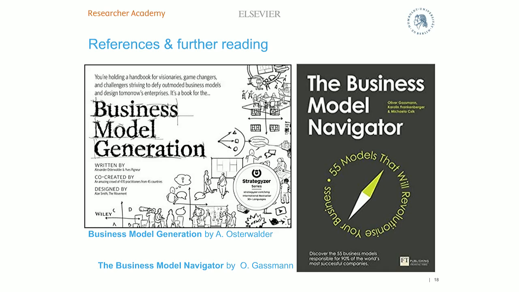A second resource I would recommend to you is the book The Business Model Navigator by Gassmann and his co-authors, and here you'll find they have done research on general findings within different business models, and they have created a list of 55 models that will help you to develop your own business.